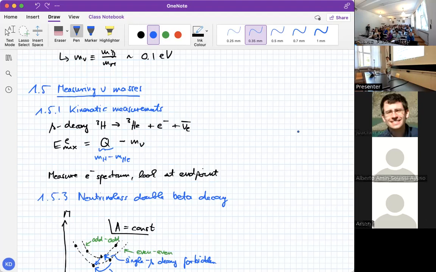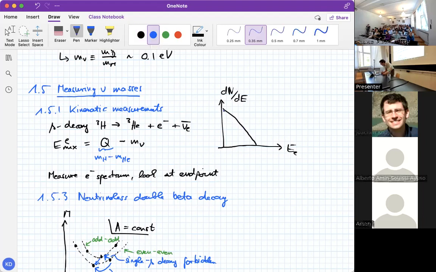So what you'd see is that the endpoint of the spectrum, so the way this typically looks is, if you have here the energy of the electron and here just the number of events, then in the vicinity of the endpoint, for massless neutrinos, this looks just like a straight line.